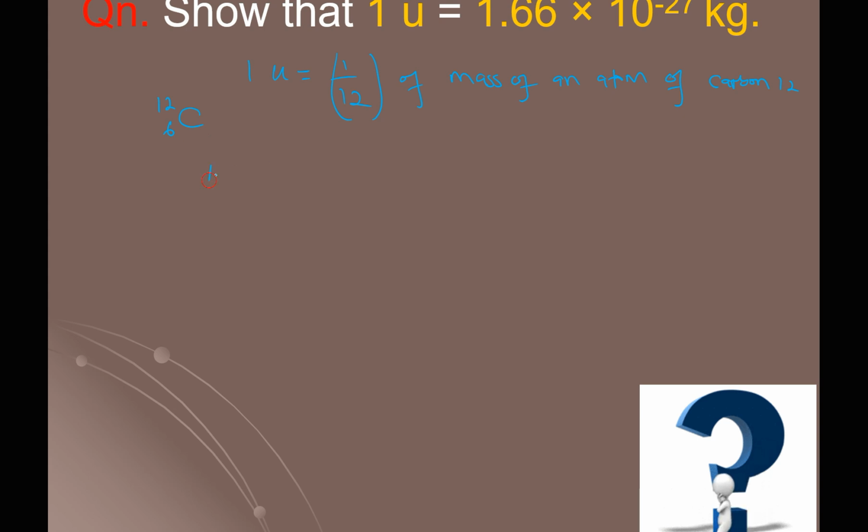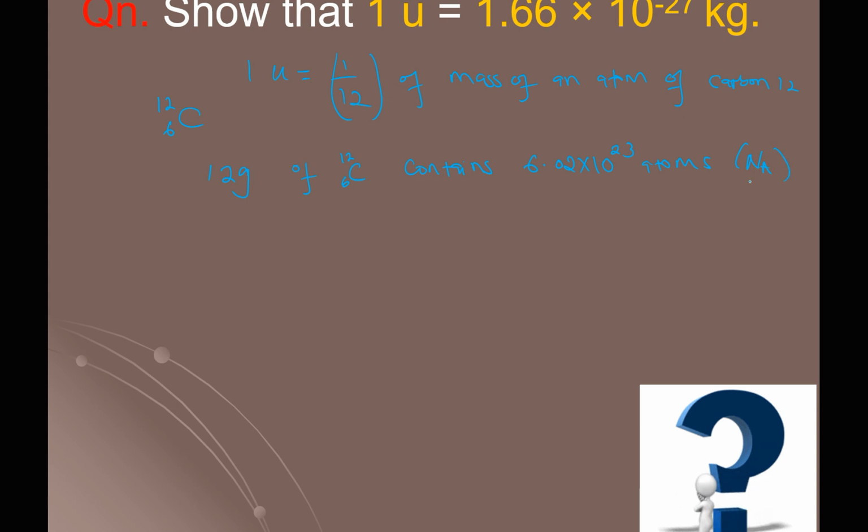It means 12 grams of carbon 12, because 12 grams is 1 mole, contains 6.02 times 10 to the power of 23 atoms. That is what you call Avogadro's number, Na, under ideal gases.